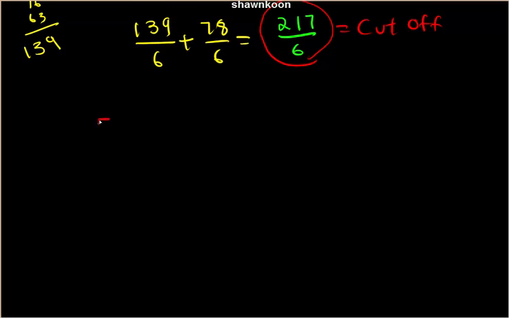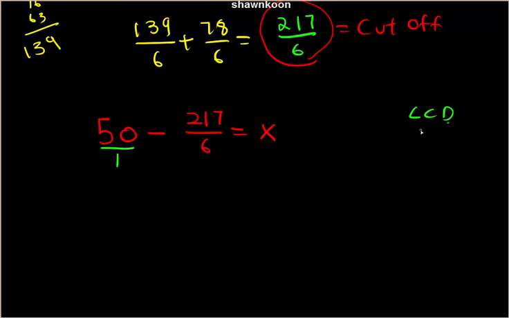So 50 feet minus the cutoff length, which is 217 over 6, should give us x. So let's do that. This one is the same thing as over 1, isn't it? And they have different denominators. What do we use? Yes, the LCD.